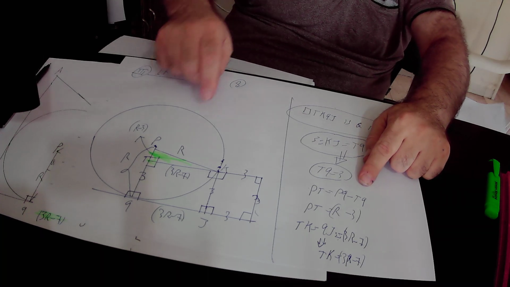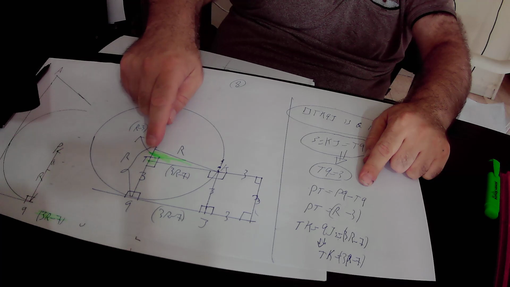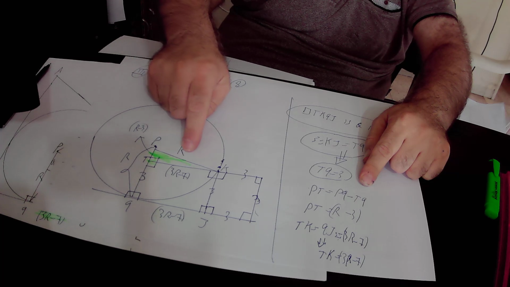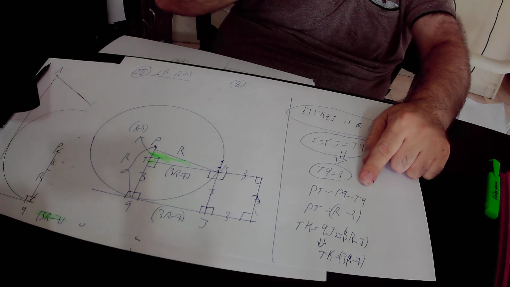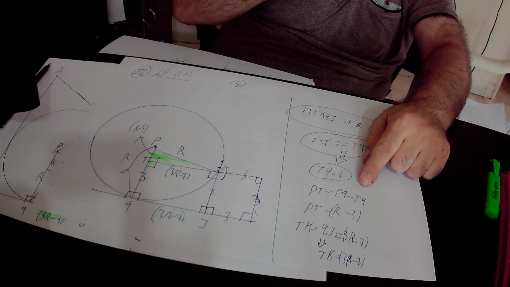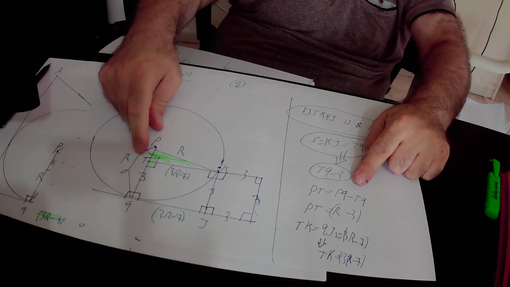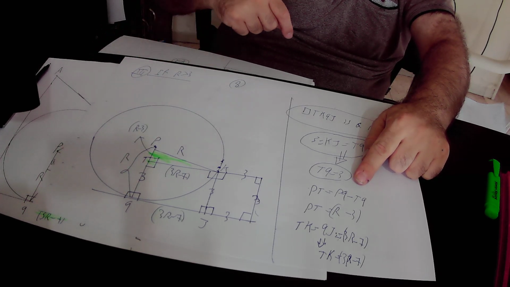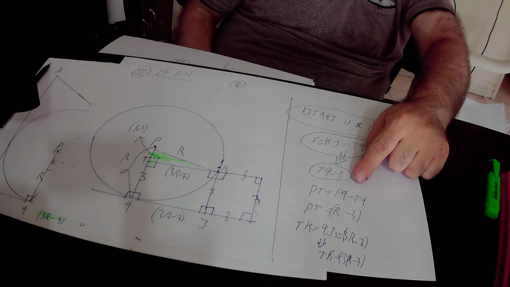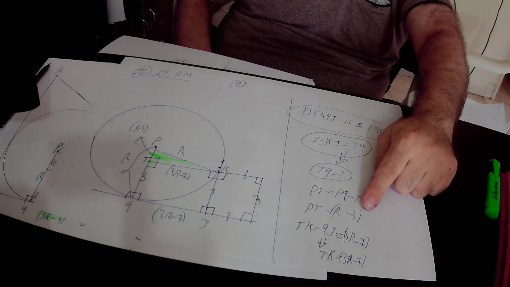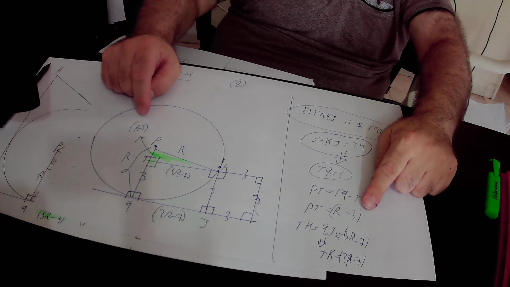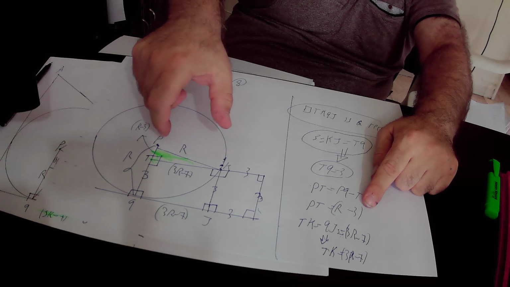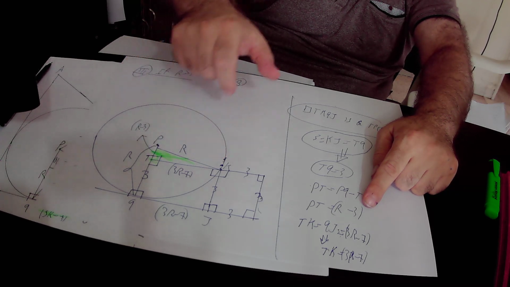Then we have, according to the rule that the opposite sides of a rectangle are equal to each other, that TK equals QJ. What is the value of PT? PT equals PQ minus TQ, so PT equals PQ, that is R, minus TQ, that is 3. So in conclusion, we found out that PT equals R minus 3. Then, according to the rule that the opposite sides of a rectangle are equal to each other, we get that TK equals QJ.